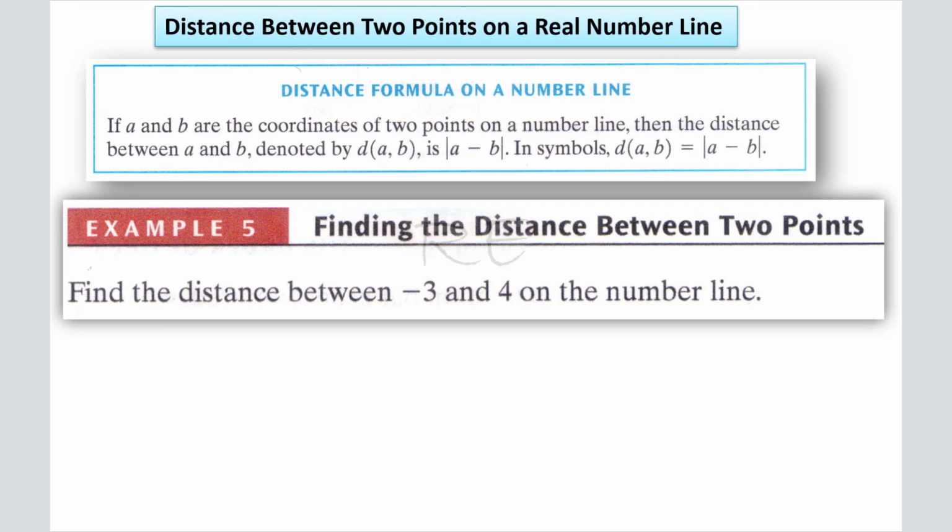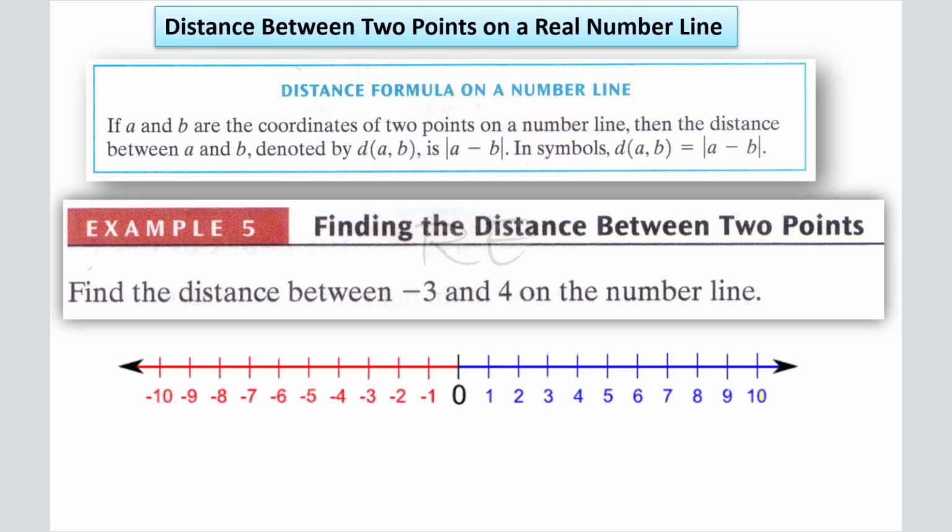The distance between 2 points on the real number line is equal to the absolute value of a minus b. Example 5, find the distance between negative 3 and 4 on the number line. If we count the units, we realize that the distance between negative 3 and 4 is exactly 7 units.